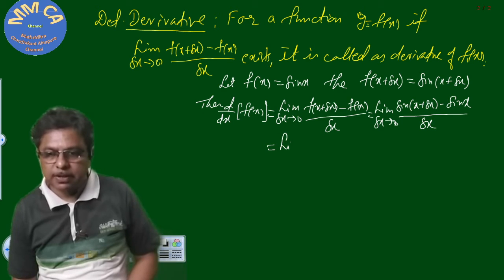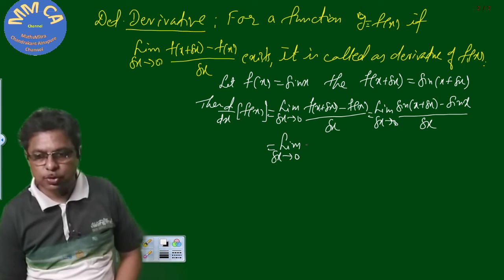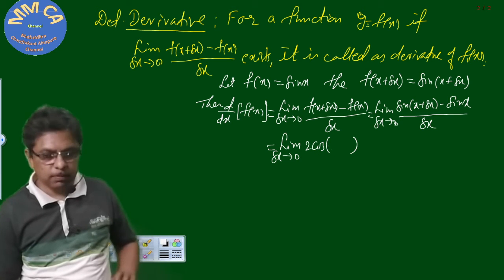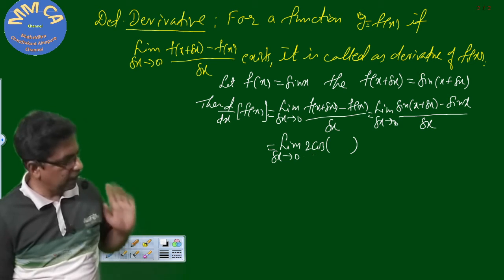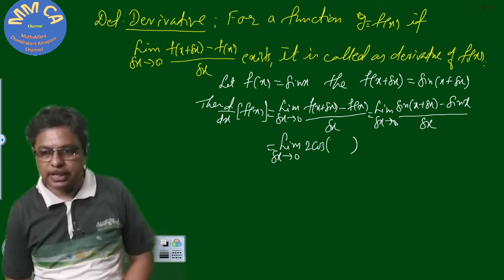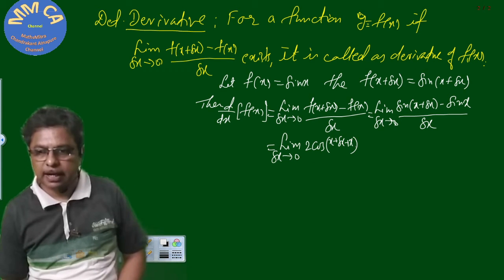It is limit delta x tends to 0. Now sine minus sine is 2 cos sine, with 2 outside, and we have the hint in the first bracket. We have to take the sum, and as we have 2 outside, we have to divide by 2. So 2 is a multiple, and this is the hint. We have to take x plus delta x from the first bracket and plus x from the second bracket, divided by 2.